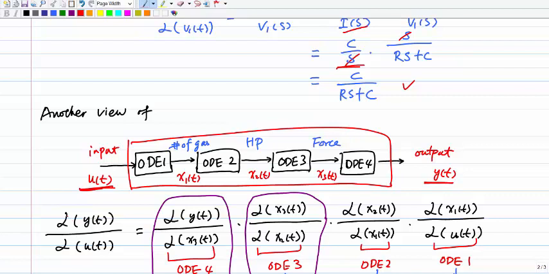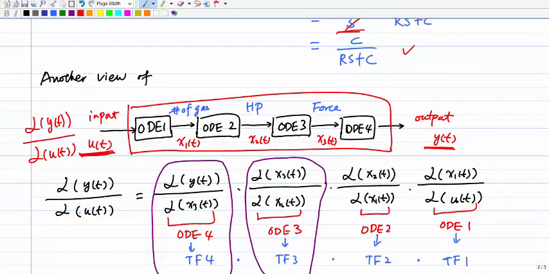According to the definition of the transfer function, it will be L[Y(t)] divided by L[U(t)].